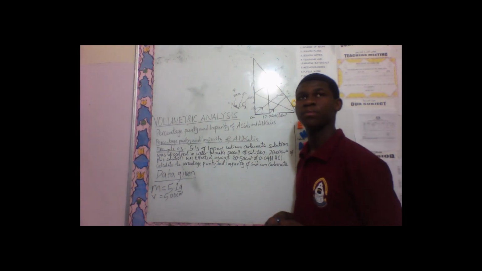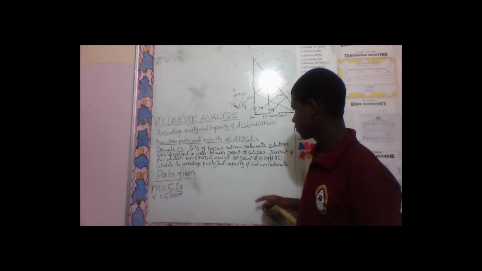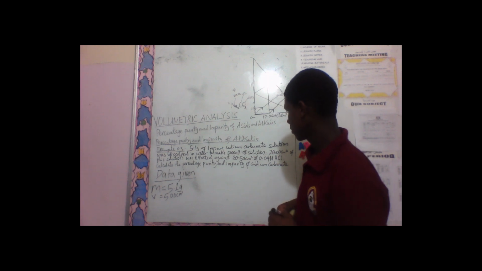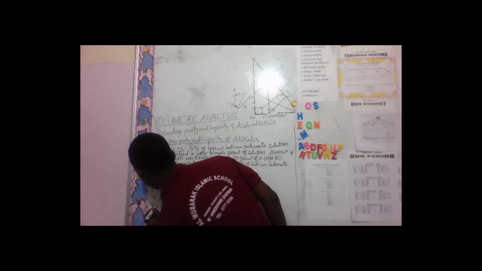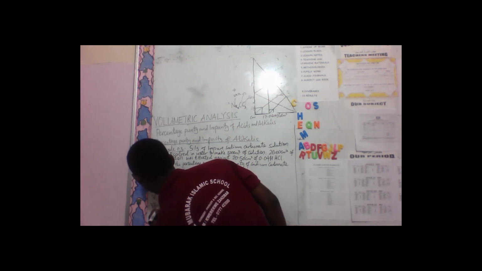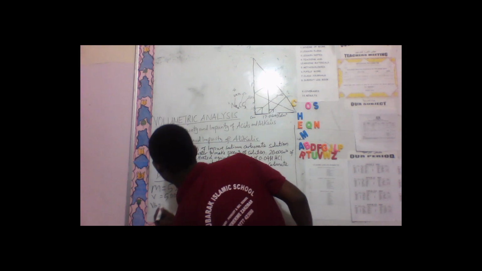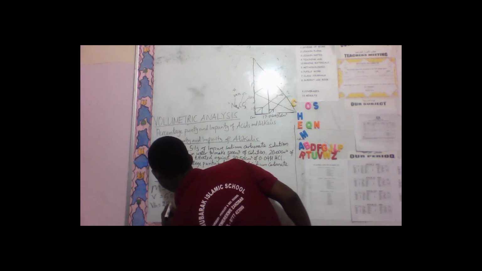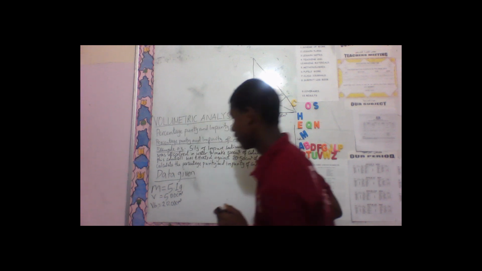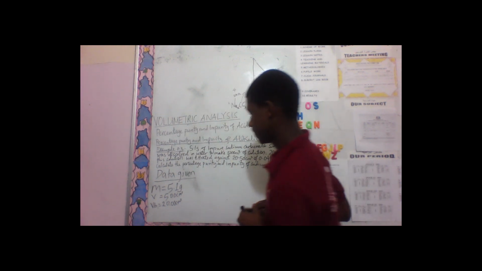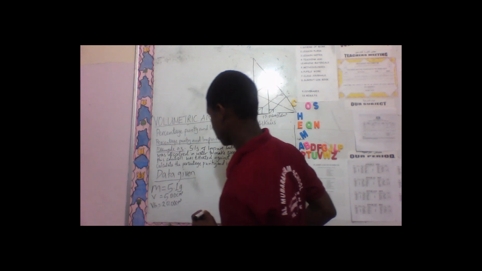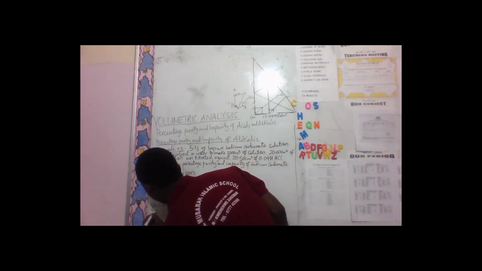The third one is the volume of sodium carbonate, that is the volume of base, 20.00 centimeter cube. The fourth one is the volume of acid, which is 20.50 centimeter cube.